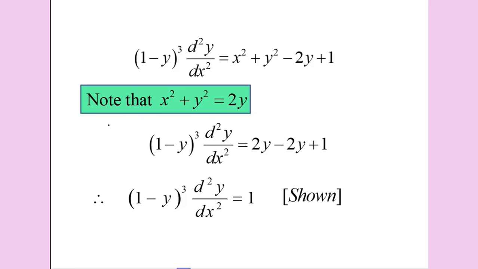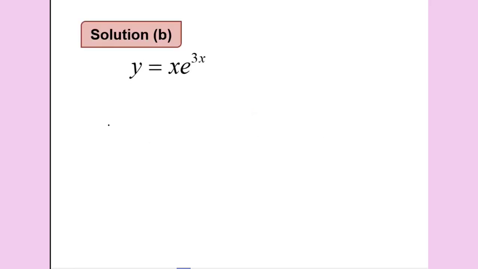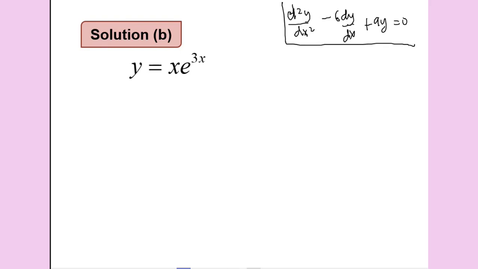Okay, then go to B. B is simple. Our aim is to show that d squared y dx squared minus 6 dy dx plus 9y is equal to 0. Aim means that we need to differentiate up to the second derivative.